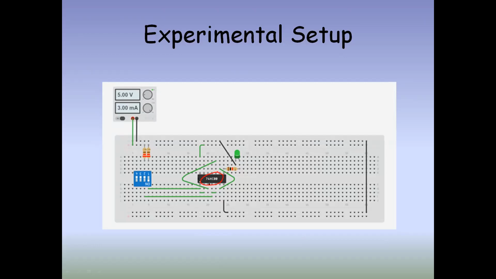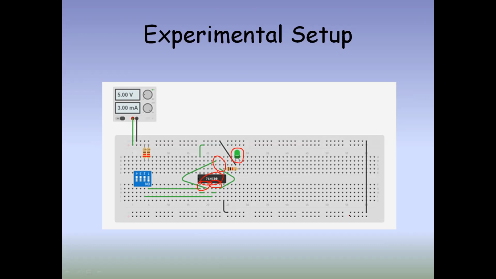Out of these, I am using the first NAND gate, the first 3 pins, then the second NAND gate, the next 3 pins, and the third NAND gate here. The third NAND gate output, I am connecting to the LED, which should give me the OR gate output. This is the experimental setup.